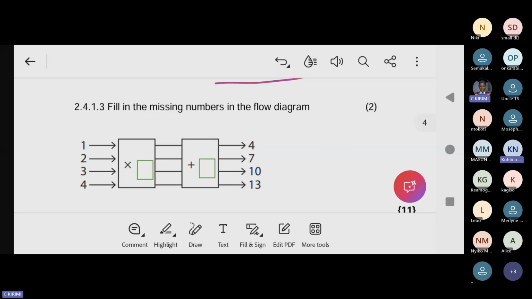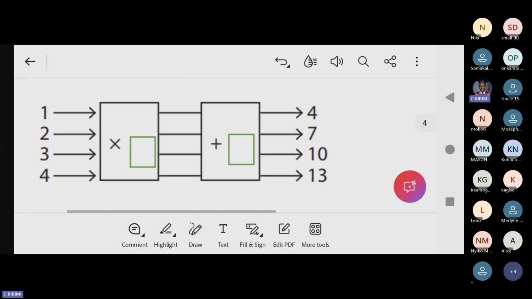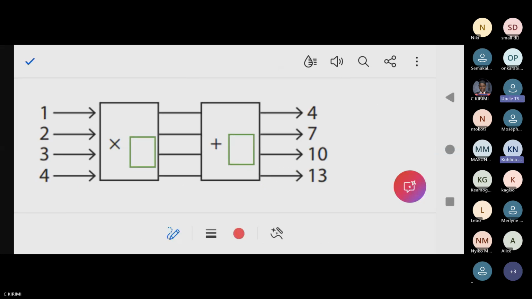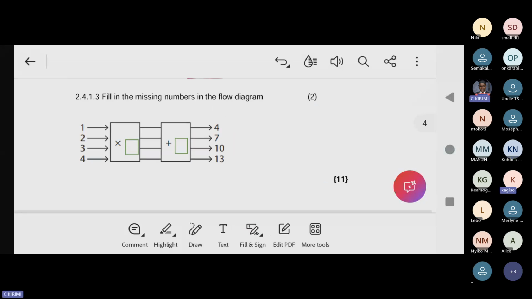Times 3 plus 1. 1 times 3 plus 1 is 4. It's working, isn't it? And remember, times 3 plus 1 must work for all the numbers.